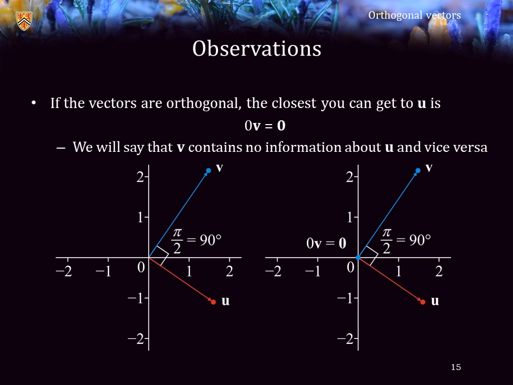And again, you can just use the Pythagorean theorem to observe this. We are going to say that if two vectors are orthogonal, then, for example, v contains no information about u and vice versa.